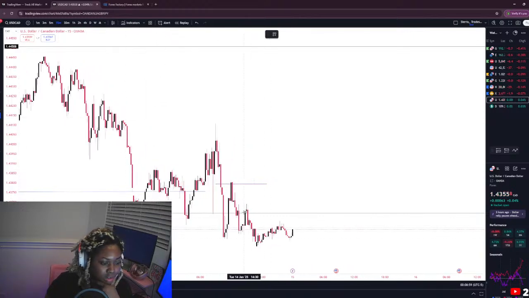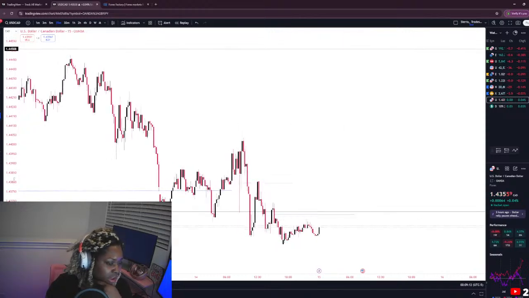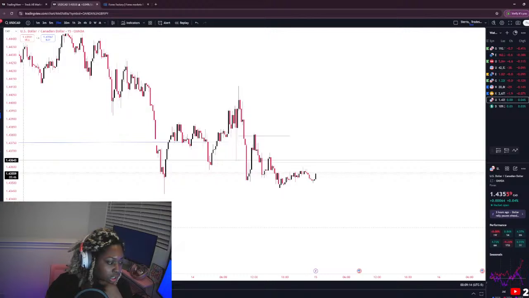I sent a signal off of this balanced price range right here. I want to see price come back and retest this and then go lower, especially since I have GU and EU buying.